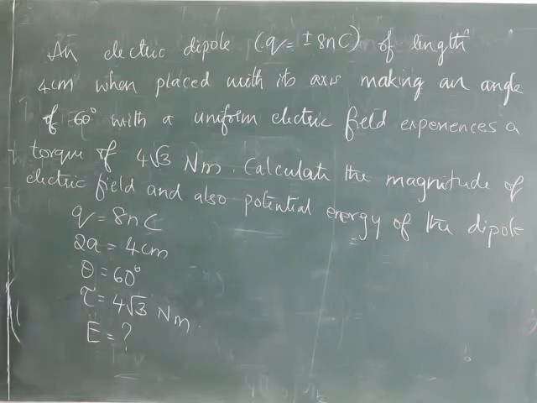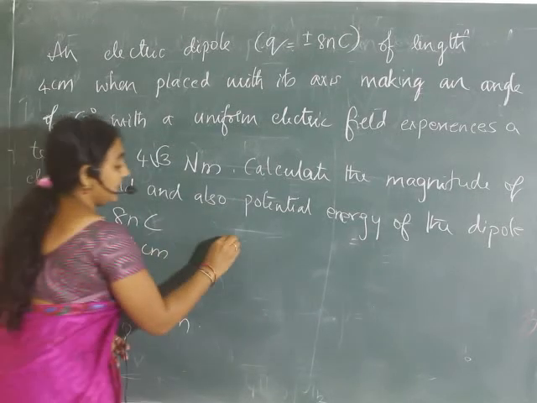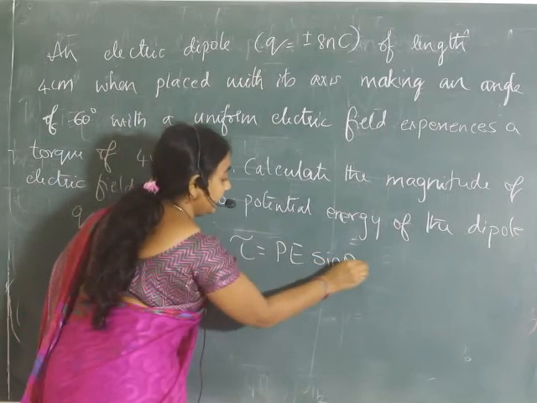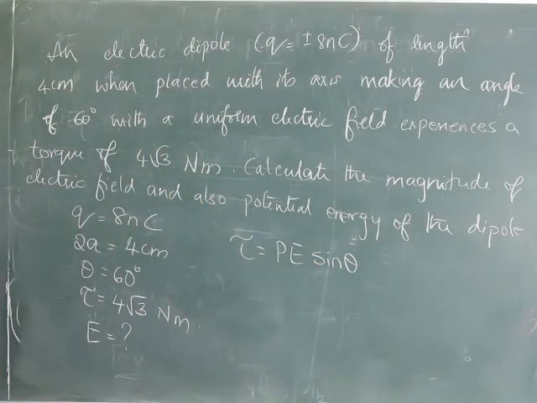What is the expression you can use to solve this? We know that tau is equal to PE sin theta. Use this and calculate E. Then which formula we have to use? You have to calculate the potential energy of the dipole. Which formula you can use to calculate potential energy of the dipole?